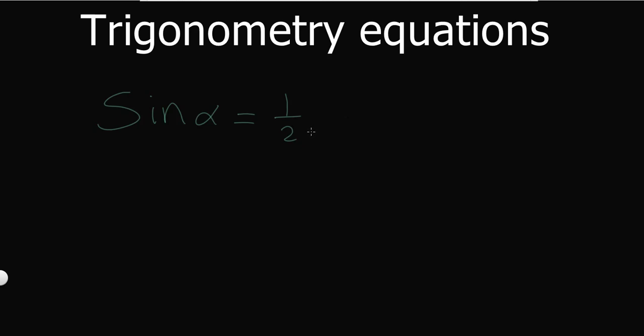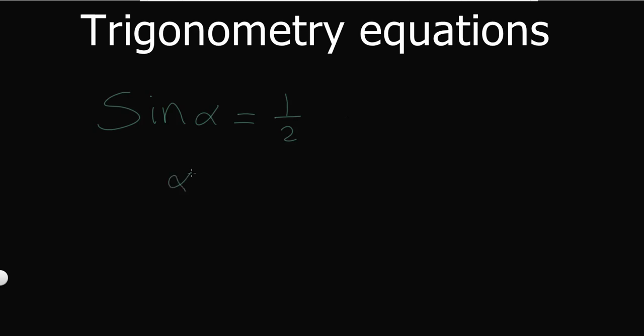So what they mean here, it means which angle alpha gives you 1 over 2. So how do you solve it?